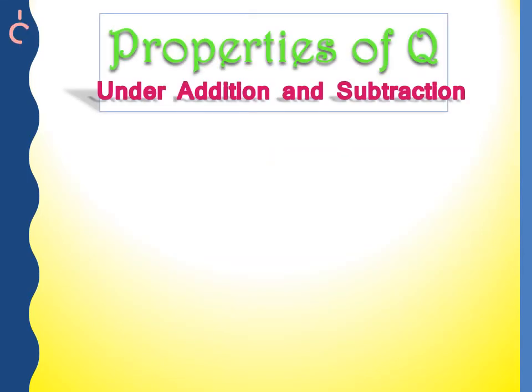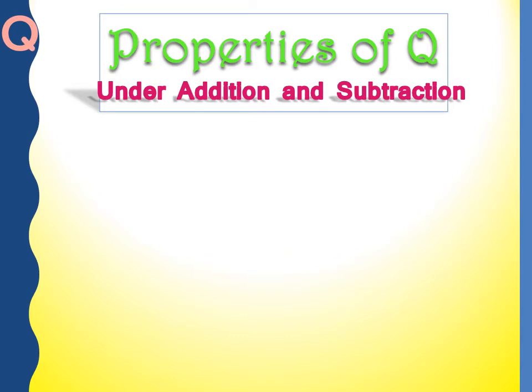Now middle one, let's talk about two important properties of rational numbers under addition and subtraction, which are additive identity and additive inverse.